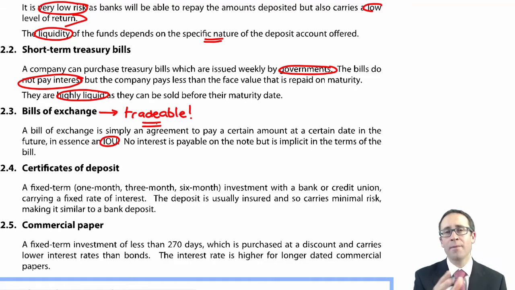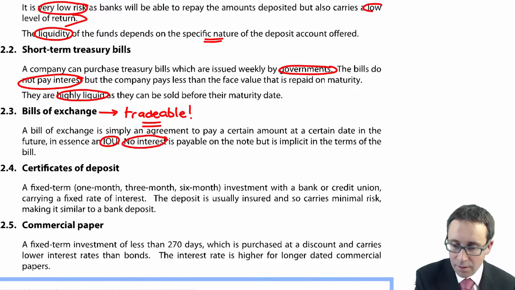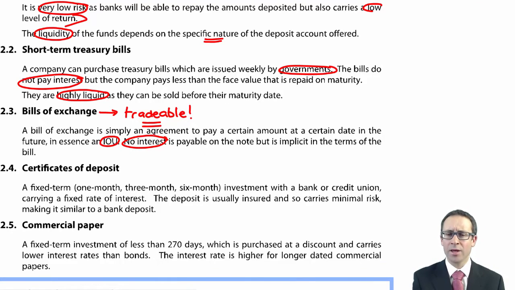There may be an IOU between company X and company Y. What you can do is buy that bill of exchange from the company, and you invest that money and then you will collect it off somebody else, okay. So if company X is expecting to receive the cash, you will deposit the cash with company X and then you will expect to receive it from company Y, okay. Again, there is no interest upon it, but a little bit like your treasury bills, the interest is implied in the terms of the bill.